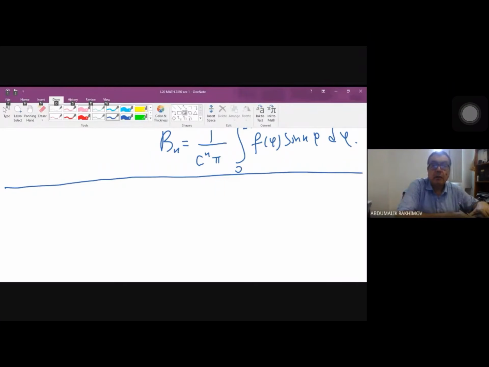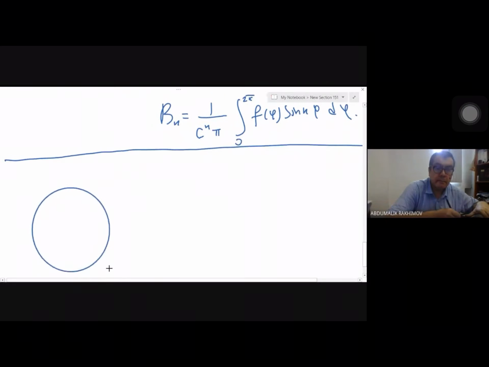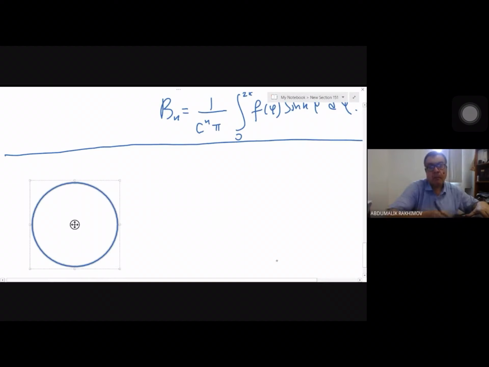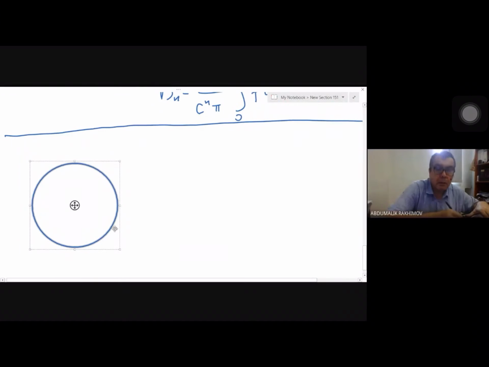Let me now change my plate like this. Is it a circle or not? This looks like a circle.